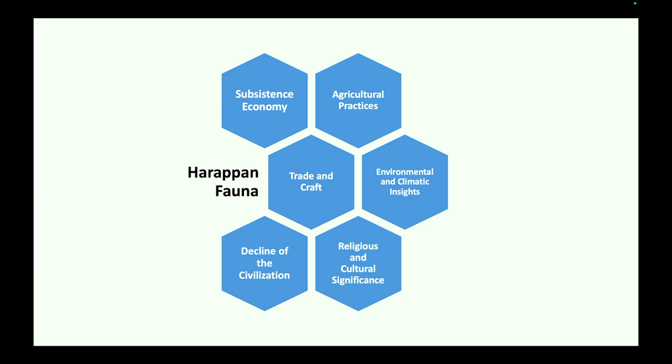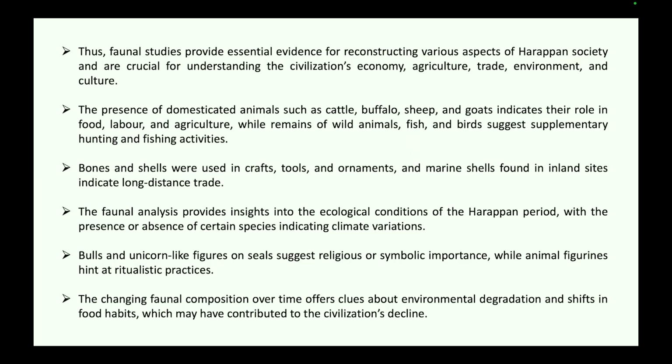It gives a plethora of information regarding several aspects of the civilization. Faunal study provides essential evidence for reconstructing various aspects of Harappan society and is crucial for understanding the civilization's economy, agriculture, trade, environment, and culture.